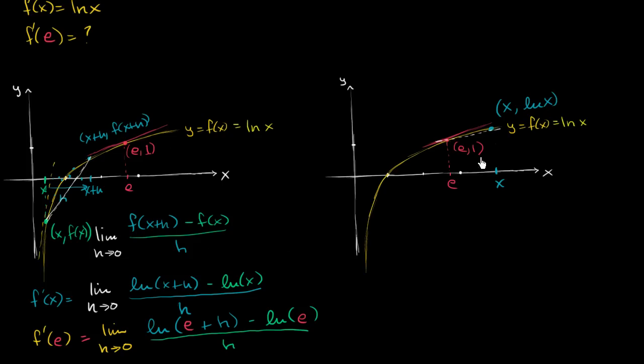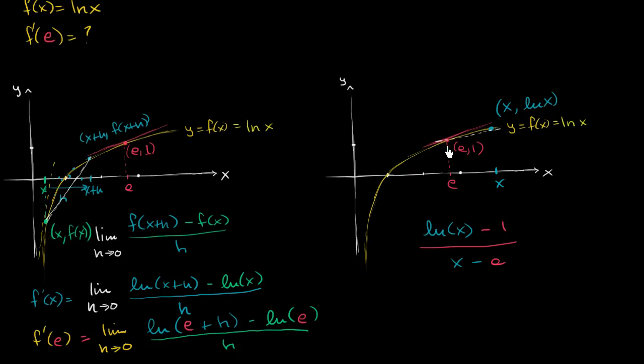Well, it's going to be your change in y values. So it's going to be the natural log of x minus 1, over your change in x values. That's x minus e. So that's the slope of the secant line between those two points.